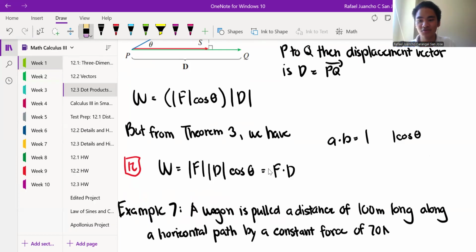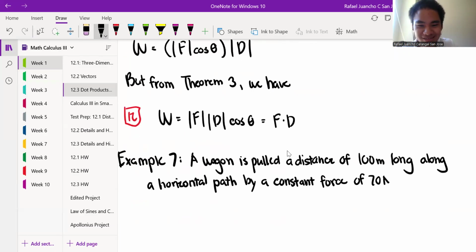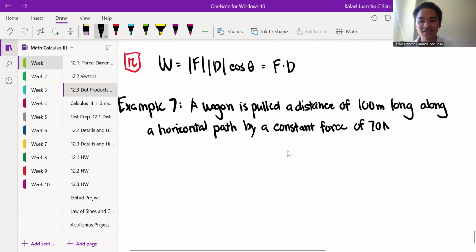Okay, now we go to an example before I start yapping. A wagon is pulled a distance of 100 meters along a horizontal path by a constant force of 70 N. N means newtons, right?